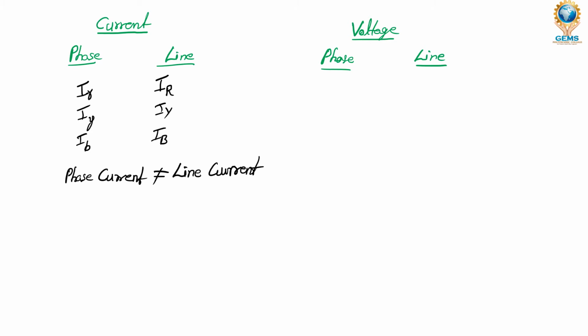Okay, next if you see voltage, VR, ER is the phase voltage and ERY is the line voltage. EY is the phase voltage, EYB is the line voltage, EB is the phase voltage, EBR is the line voltage.